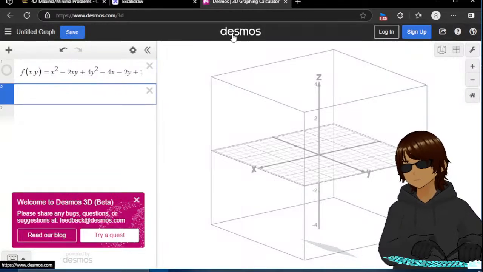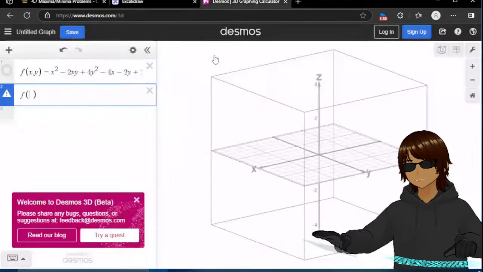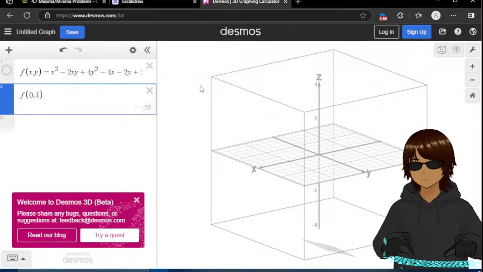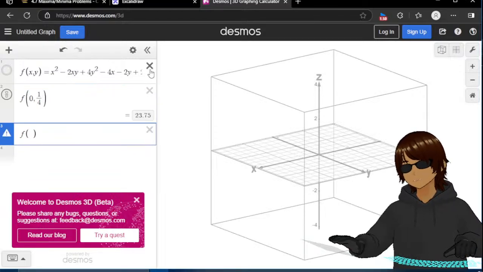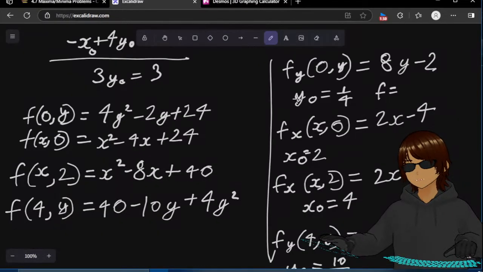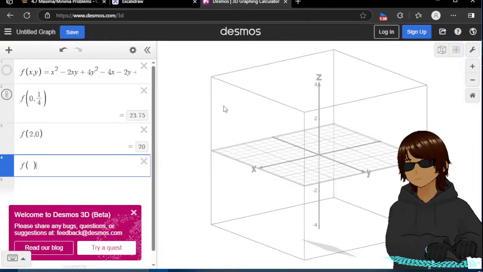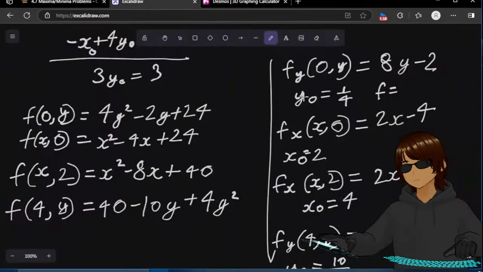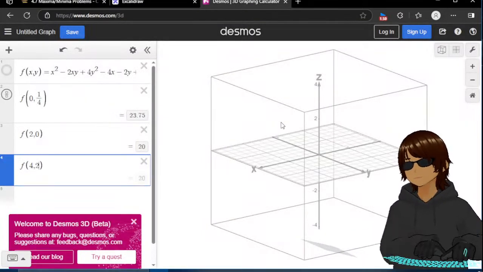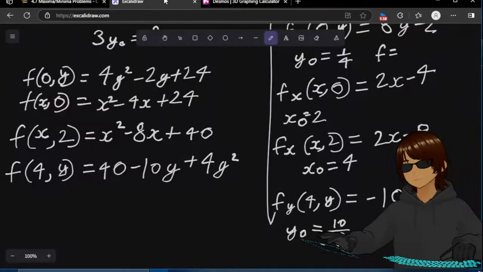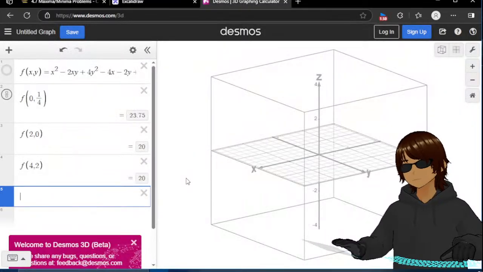Okay, so let's do f of 0 and 1 over 4. Now let's do f of 2 and 0. 4 and 2. 4 and 10 over 8.